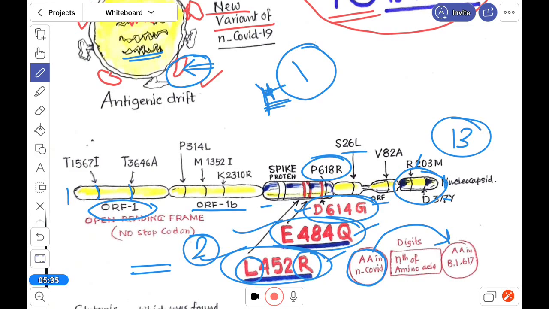In between there is a number, in every case, between these two English letters. Suppose here 452 means the 452nd amino acid; in that particular amino acid the change is there. So this naming is quite scientific, and you have to understand it.